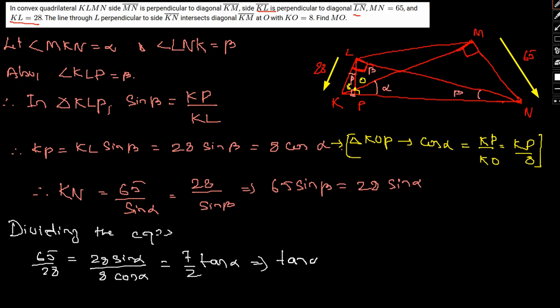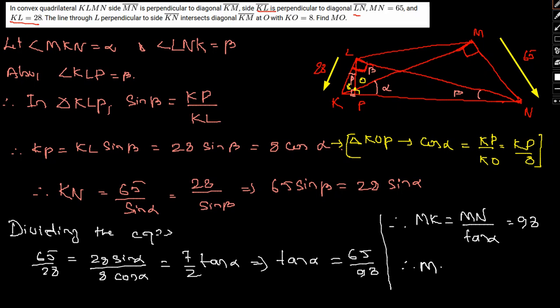So tan alpha is 65 by 98. Therefore MK equals MN by tan alpha, equal to 98. So therefore MO equals MK minus KO, MK being 98 and KO being 8, so the answer is 90, which is the right answer.